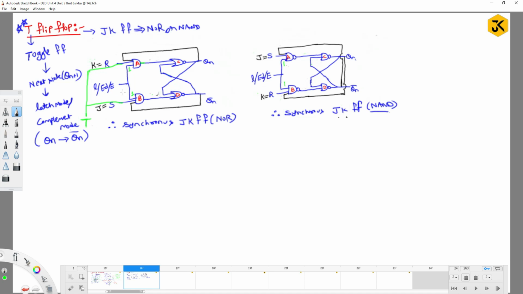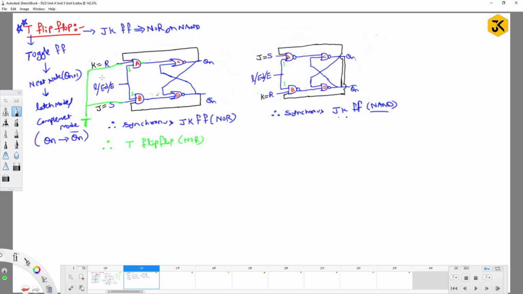You got the JK flop where you passed S and R as input, but by changing certain black color lines here, after adding the green color, I can call it a synchronous T flip flop. So I can simply call it a T flip flop using NOR gates.